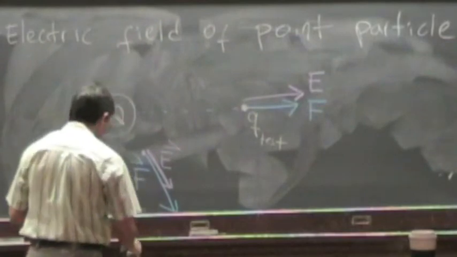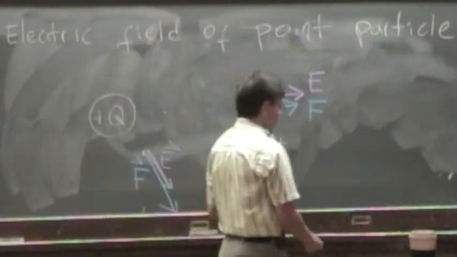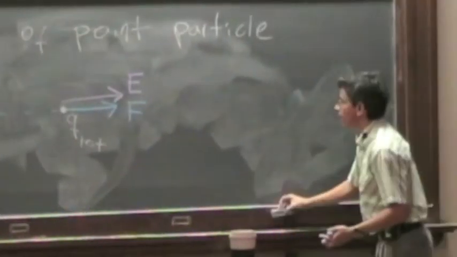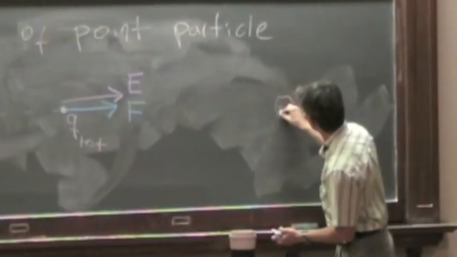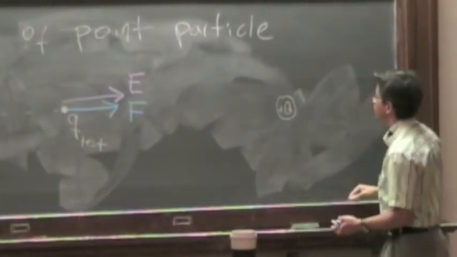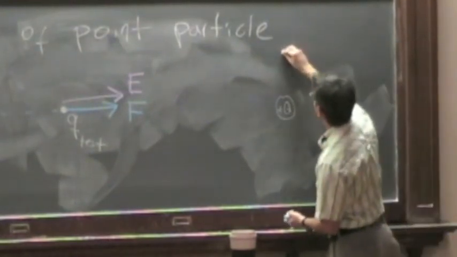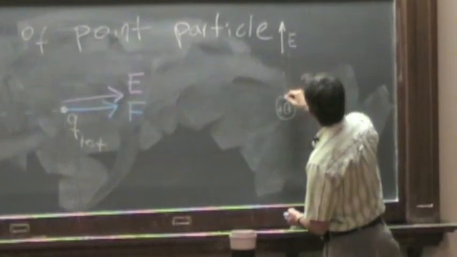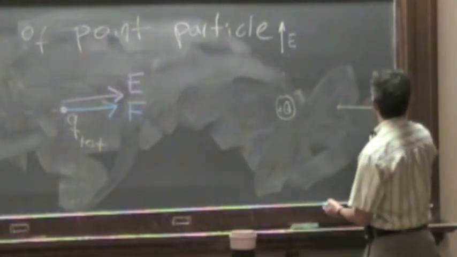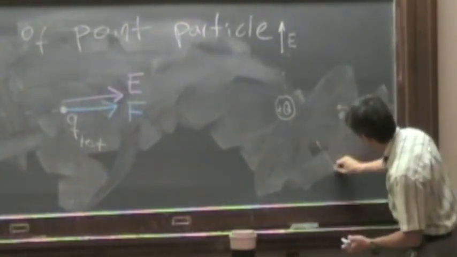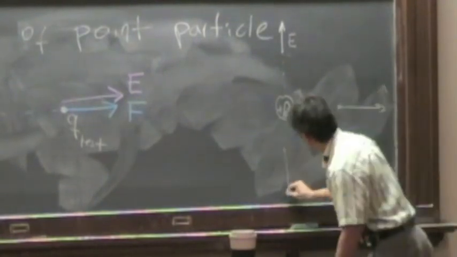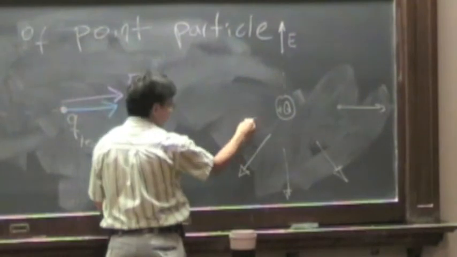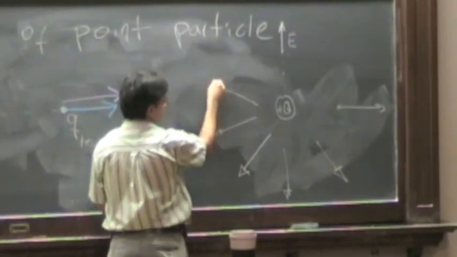So what does the electric field look like at all points in space? If this is a charge plus Q of any positive charge, then the electric field at this point, you can calculate it and find out that it points in that direction. At this point over here, it points in that direction. Here, in that direction. Here, in that direction. It always points away from the positive charge.